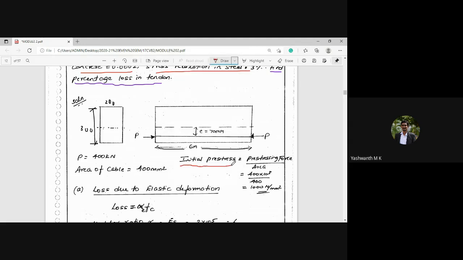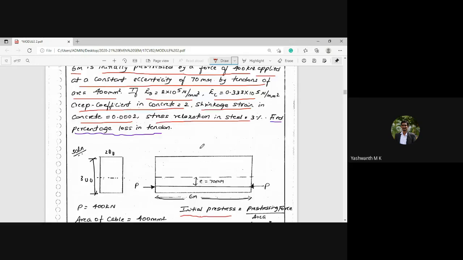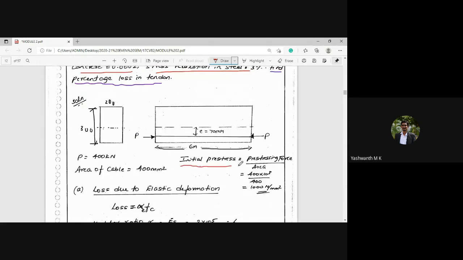This is one more important parameter, because when you want to calculate the percentage loss, without knowing the initial pre-stress that has been encountered in the PSC, we cannot calculate the losses. So hence, don't forget to calculate the initial pre-stress. The initial pre-stress is equal to pre-stressing force divided by area of cable.